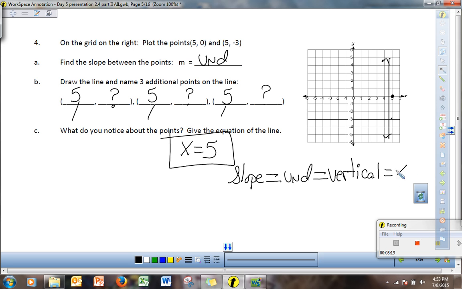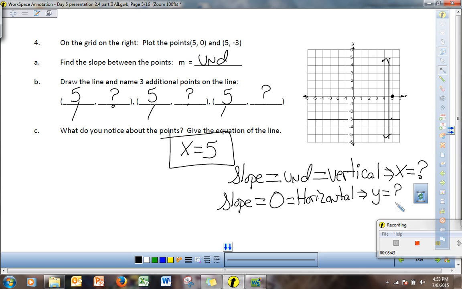Its equation is going to be x equal something. If your slope is 0, then it's going to be horizontal. And if it's horizontal, it's going to be y equal something.